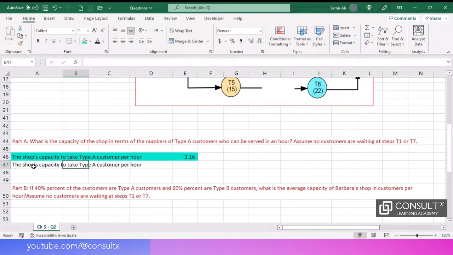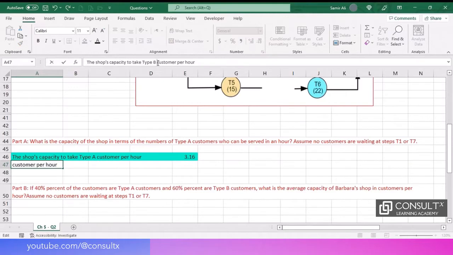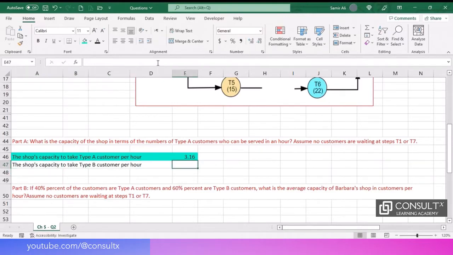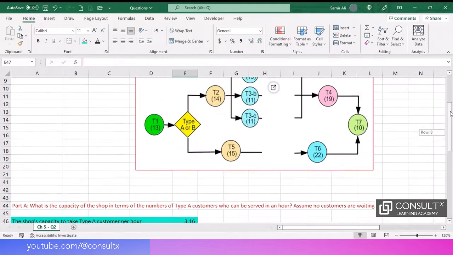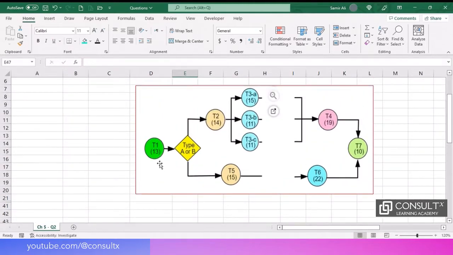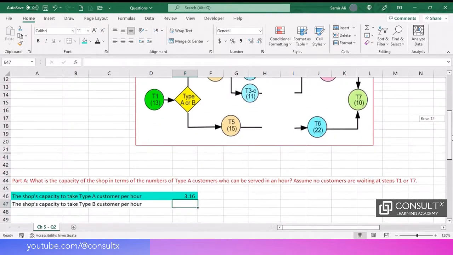The shop's capacity to take type B customers per hour. Let's go through our process flow for type B customers, which is the flow at the bottom. So it's 13 minutes at T1, 15 minutes at T5, 22 minutes at T6, and 10 minutes at T7. So it's pretty clear that this step has the highest number of minutes, which means for type B customers, the shop has a capacity to take every new customer after every 22 minutes.